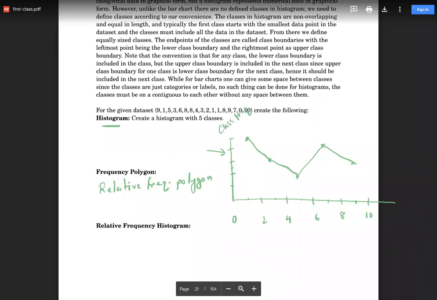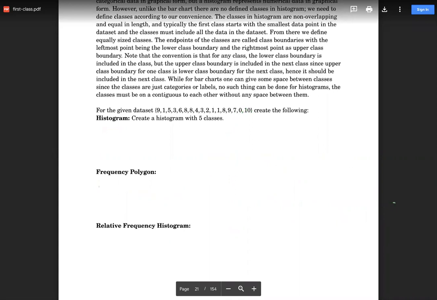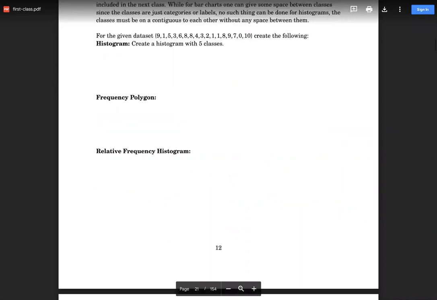In the relative frequency histogram, you just put the relative frequencies, okay? And again, here in the frequency polygon, you're going to just put the relative frequencies on the vertical axis and then just connect them. That's what it is. It's kind of an obvious thing, you have seen it before. So this is just kind of formalizing the knowledge.